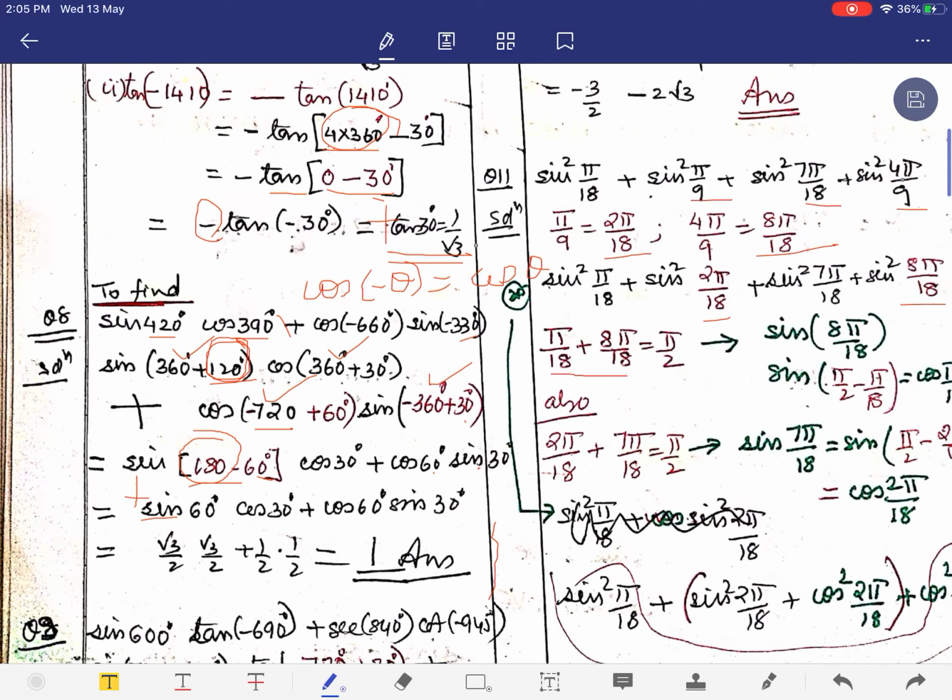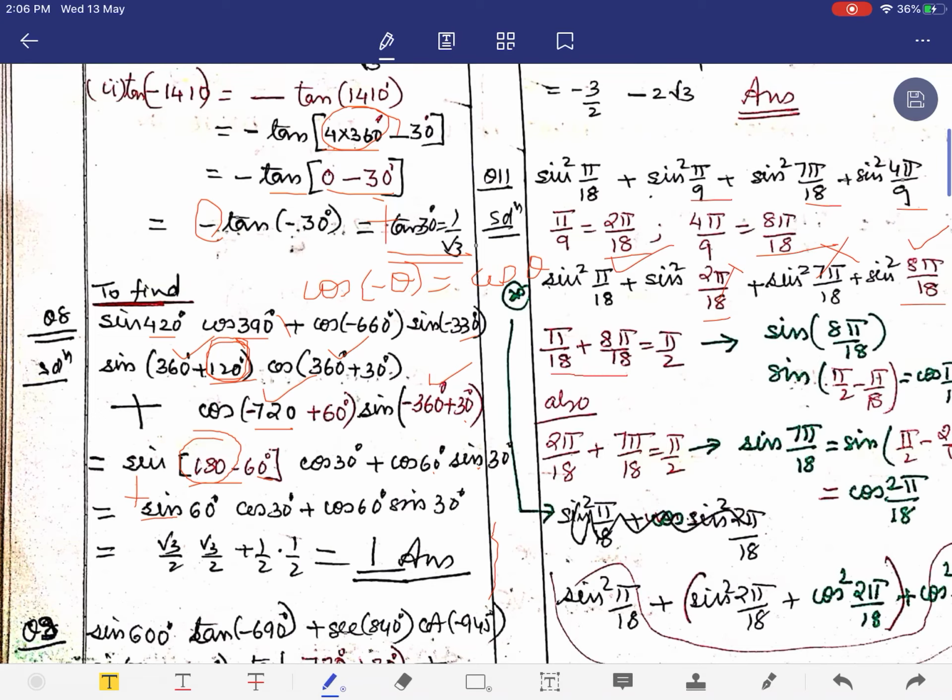Pi on 18 and 8 pi on 18, when you add the two, is nothing but pi on 2. So pi on 18 and 8 pi on 18 are connected. Likewise, 2 pi on 18 and 7 pi on 18 add up to pi on 2, which says that we can rewrite the higher values into the smaller values.